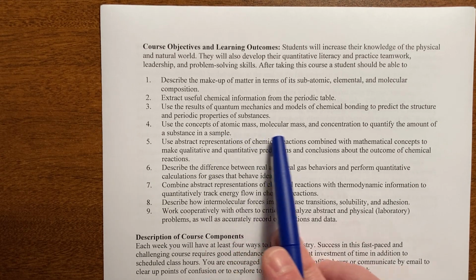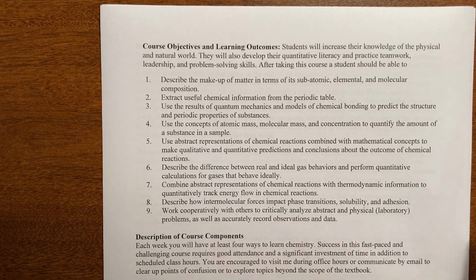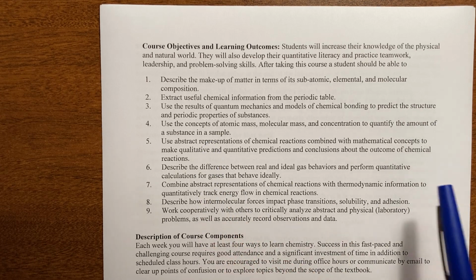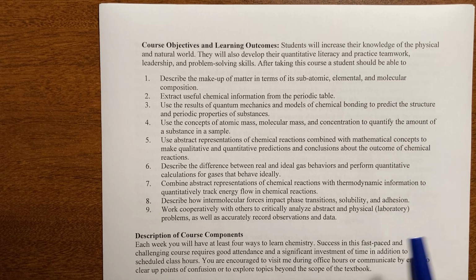Using atomic masses, molecular masses, and concentrations to quantify the amounts of substances. Things like molarity, molar mass, sometimes called molecular weight. These are all terms you'll become very familiar with.